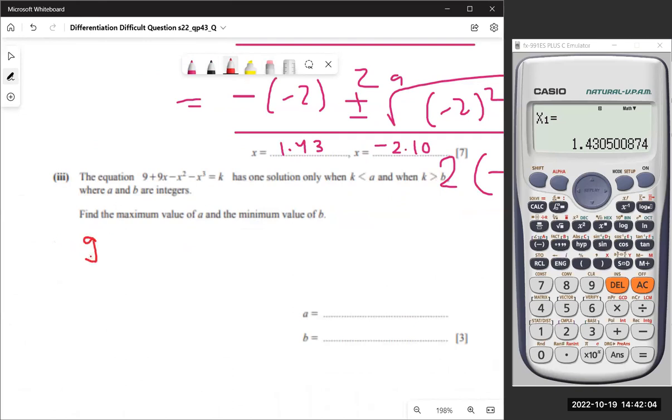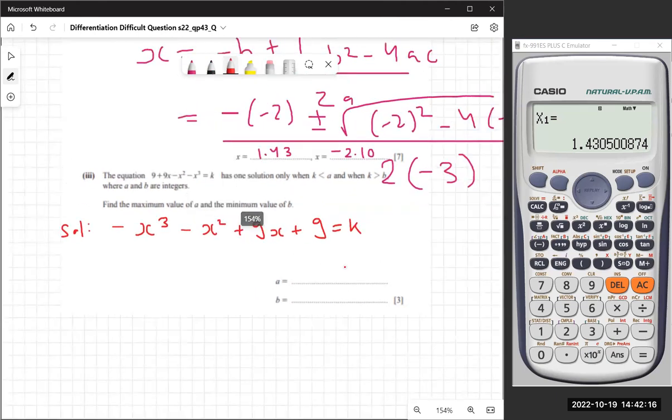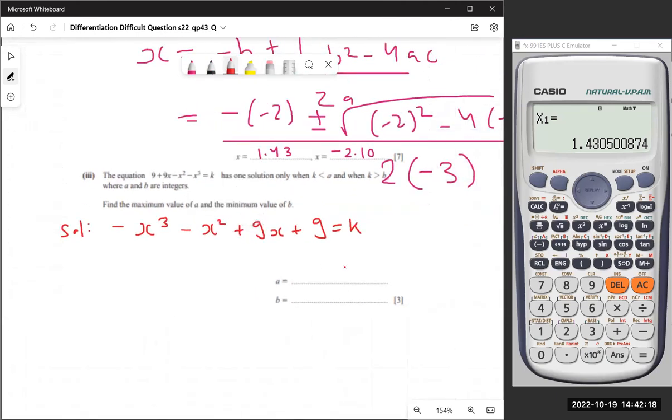Look, I'll tell you how to solve this. Let's write an equation first. x cubed minus x squared plus 9x plus 9 is equals to k. Now it has only one solution in the range that k must be smaller than a, or k must be greater than b.